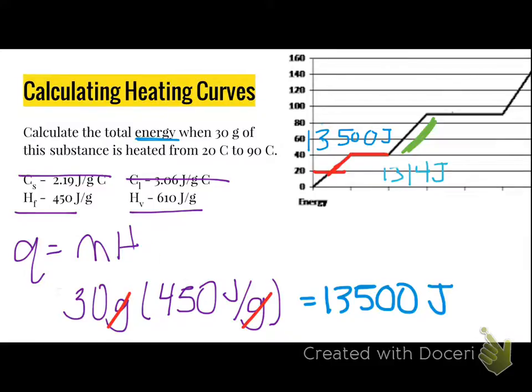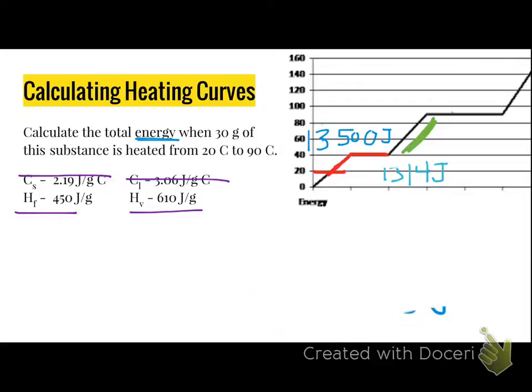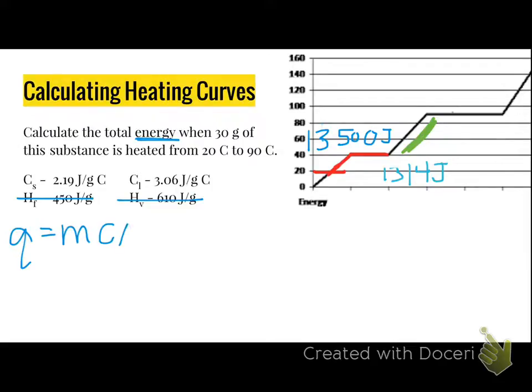So, temperature change or no temperature change? You should be saying temperature change here. So if I have a temperature change, I don't want to use either of these, because they don't have a unit of temperature. We want to have a unit of temperature if we have a temperature change. So we're going to use one of these, which means we're using Q equals MC delta T. We're solving for Q.